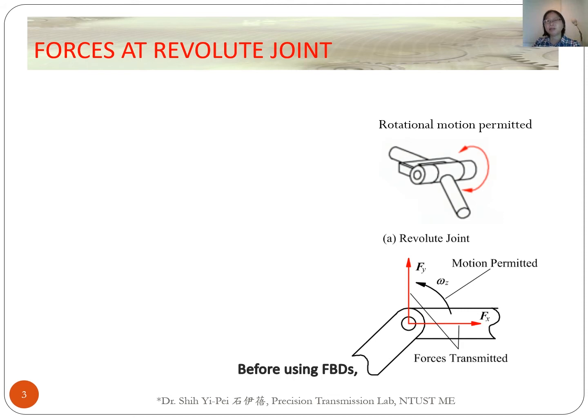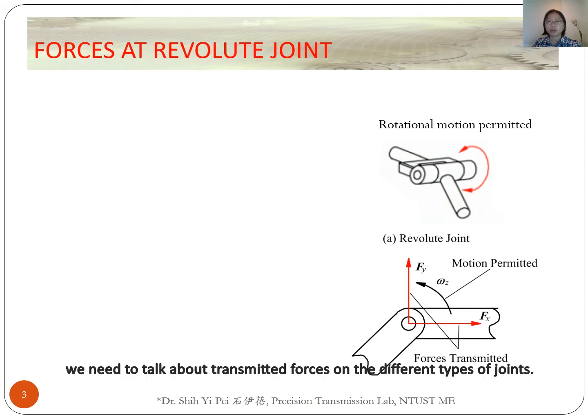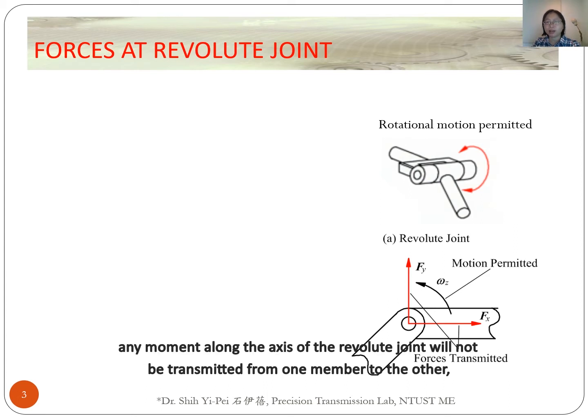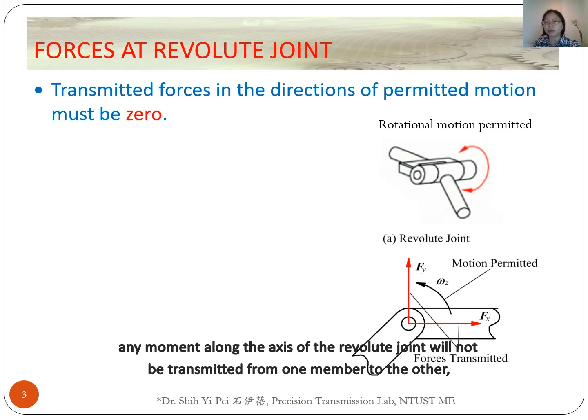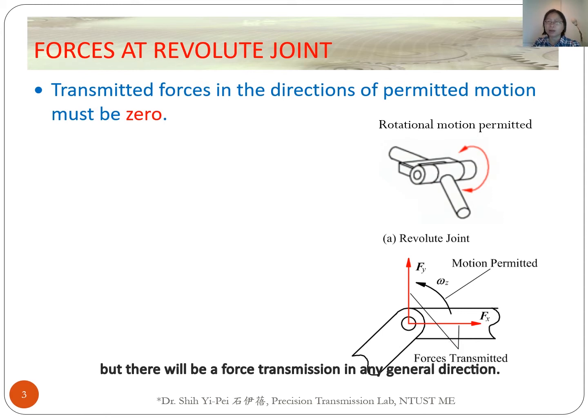Before using free body diagrams, we need to talk about transmitted force on the different types of joints. In the revolute joint, there is a rotational freedom, and any moment along the axis of the revolute joint will not be transmitted from one member to the other, but there will be a force transmission in any general direction.